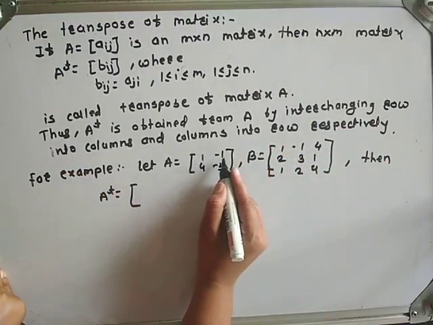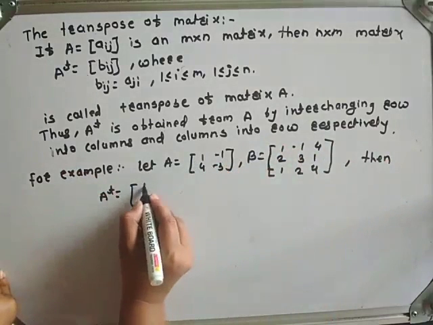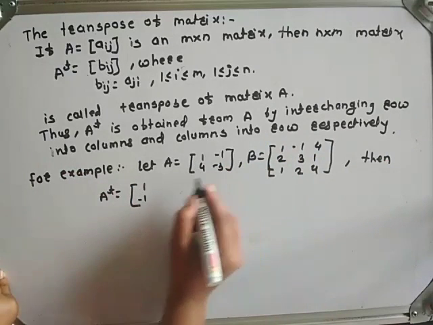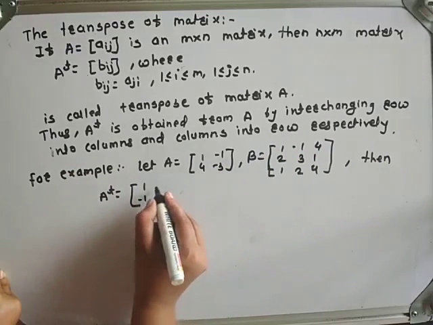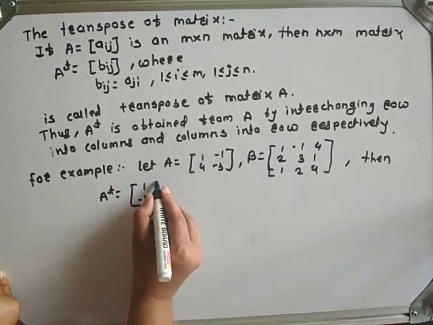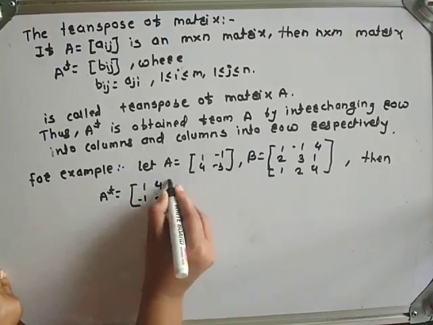Here the first row 1 minus 1 becomes column 1 minus 1, and the second row 4 minus 3 becomes column 4 minus 3.